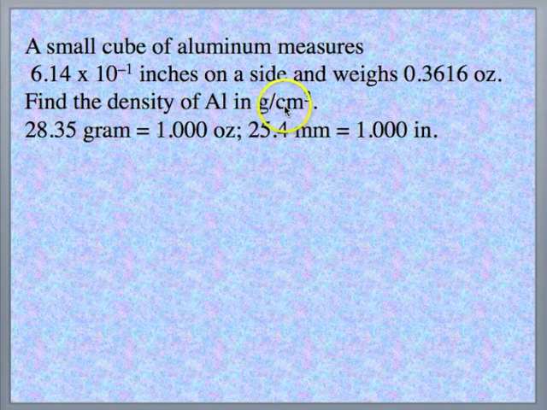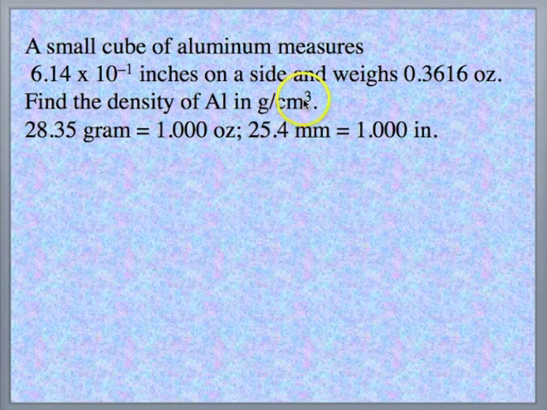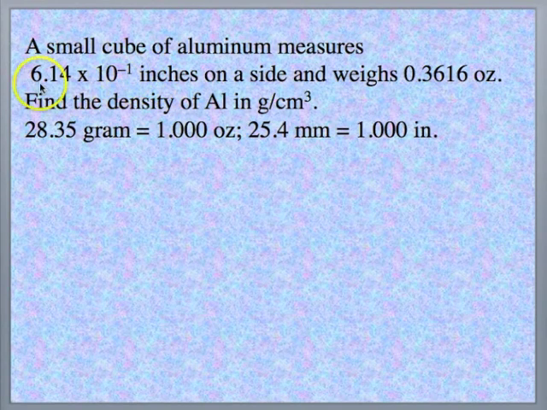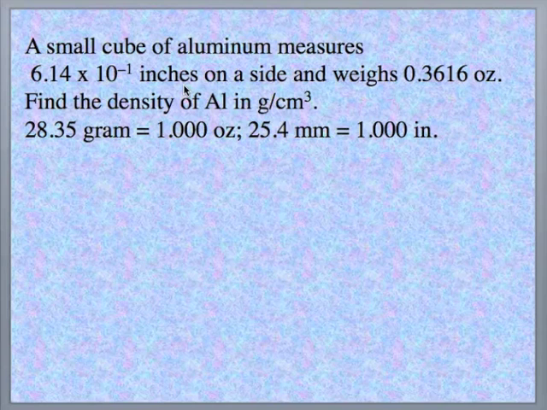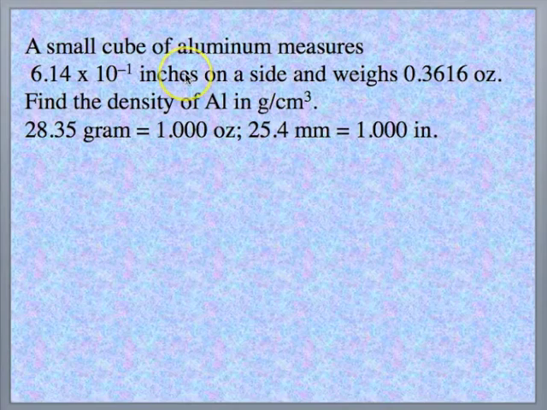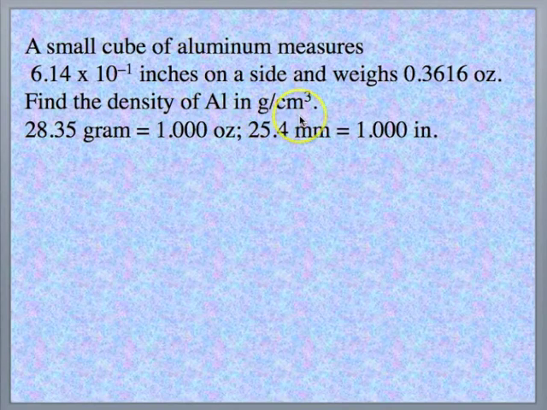For example, here you have cubic centimeters as part of the units, but the dimensions of the cube are in inches, 6.14 times 10 to the minus 1 inches on a side. So it seems to me our first step is to convert inches into centimeters, and then since it is a cube, cube that number of centimeters to get cubic centimeters. And now we have the volume of the cube, which would be in the denominator.